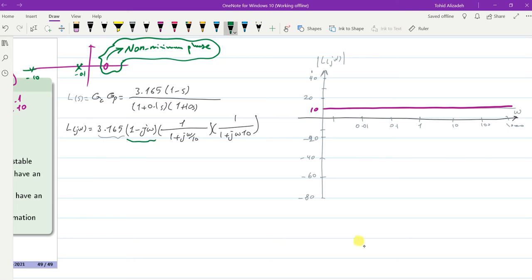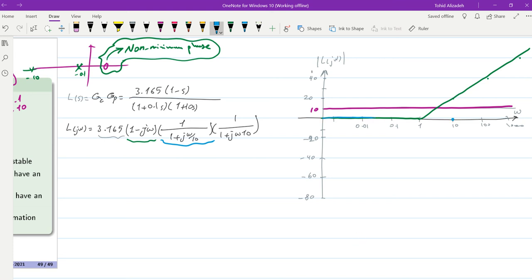Then the second component is 1 minus j omega. In terms of amplitude, we will have 0 dB until omega equal to 1, which is the corner frequency, and afterwards we will have 20 decibel per decade for the slope. Then we have the third component, 1 over 1 plus j omega over 10. The corner frequency will be equal to 10.